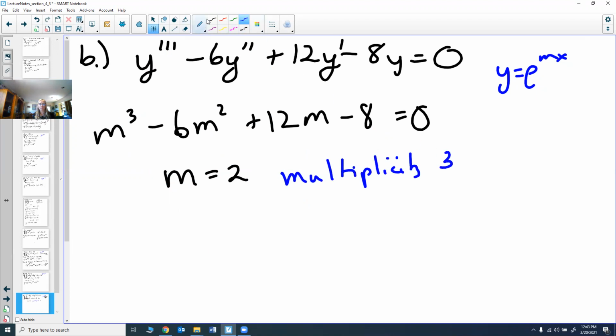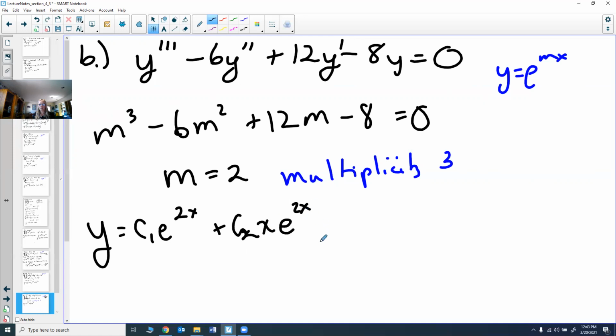If there was 2, then one of them would have multiplicity 2, because you need to have 3 solutions to this polynomial equation. So that means my solution is y is equal to c1 e to the 2x plus c2 x e to the 2x. And again, if I don't have an x in there, I don't have linear independence.